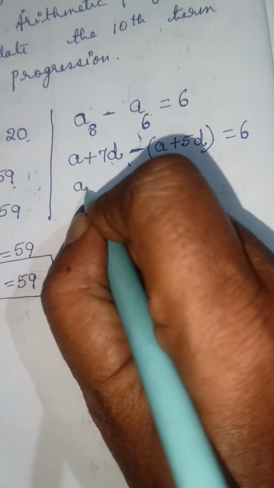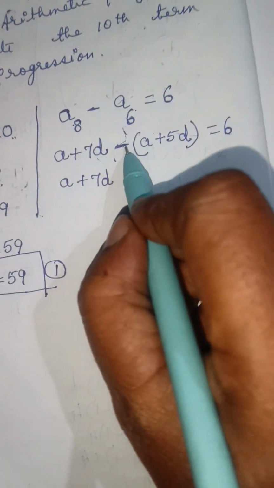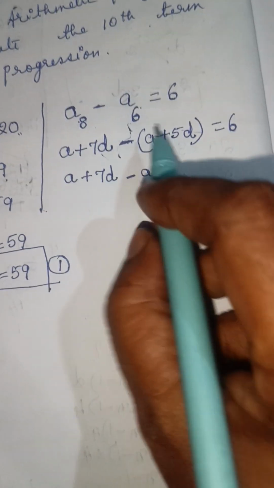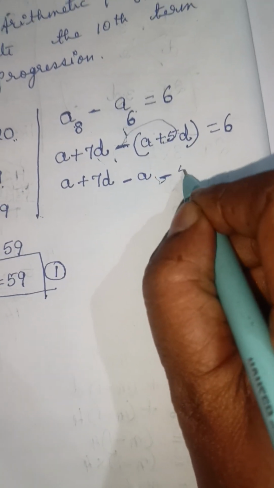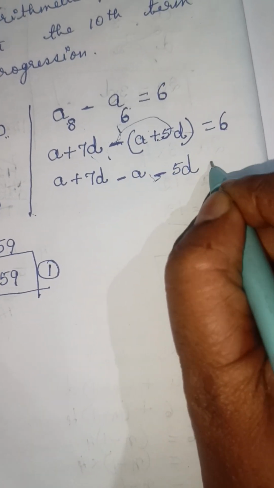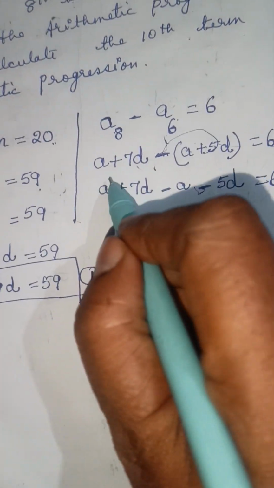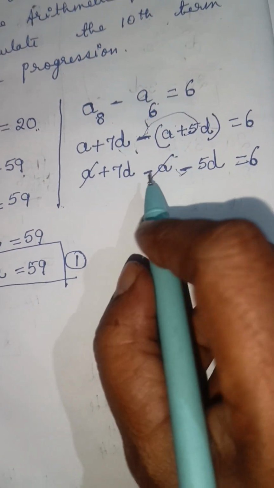So further simplifying, A plus 7D minus A, minus into plus will be minus 5D, equal to 6. So A and minus A can be eliminated.